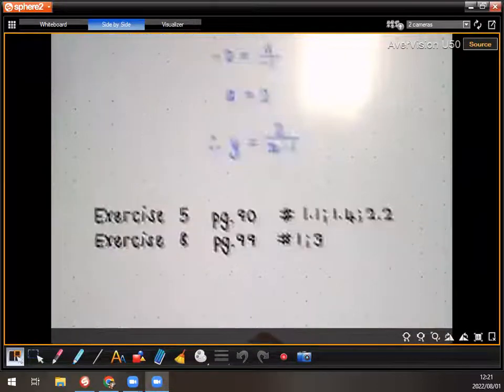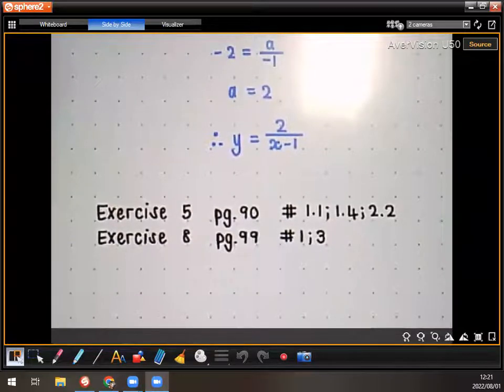Okay, guys, exercise 5 is about parabola, and 8 about hyperbola.